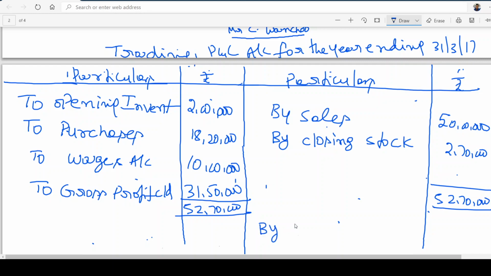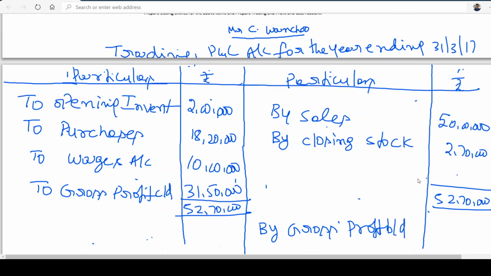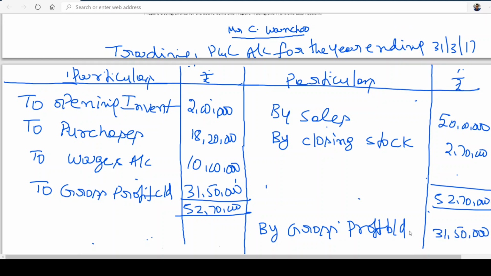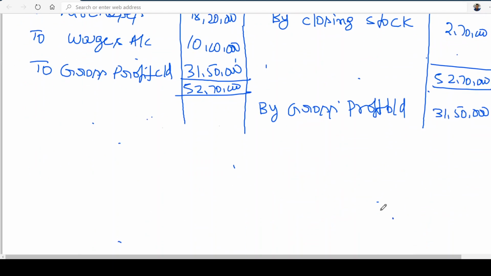That is your gross profit. Then you write by gross profit brought down, because we are under the common heading trading comma P&L account. Again showing trading account, writing the heading again is time consuming. By gross profit brought down 31 lakhs 50,000.